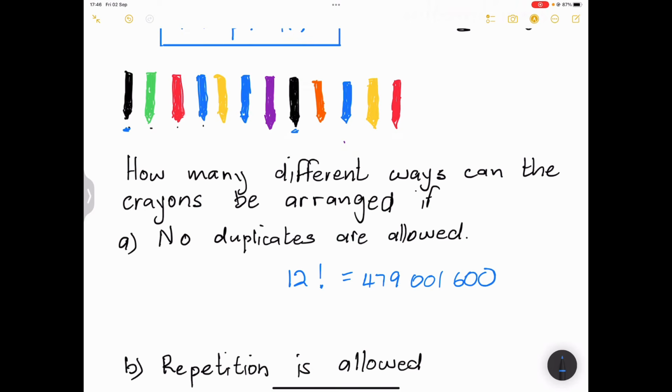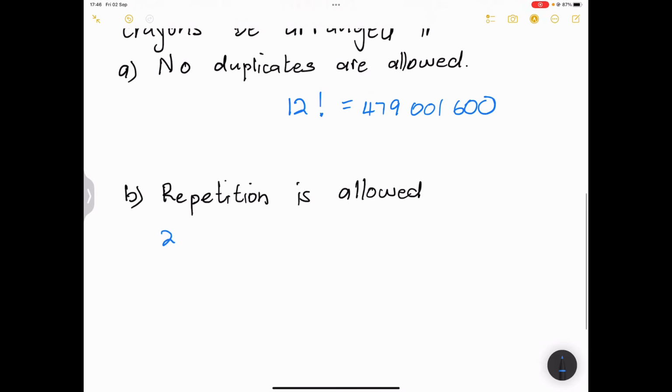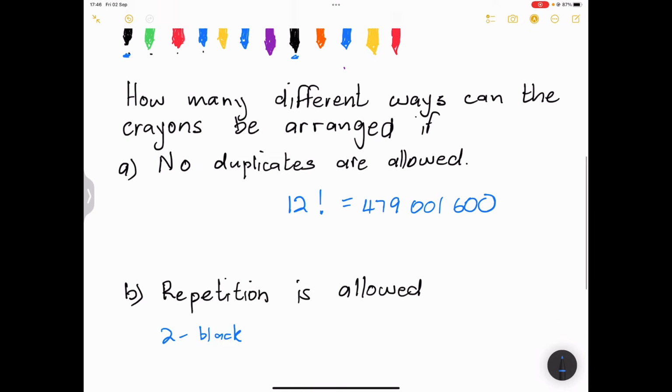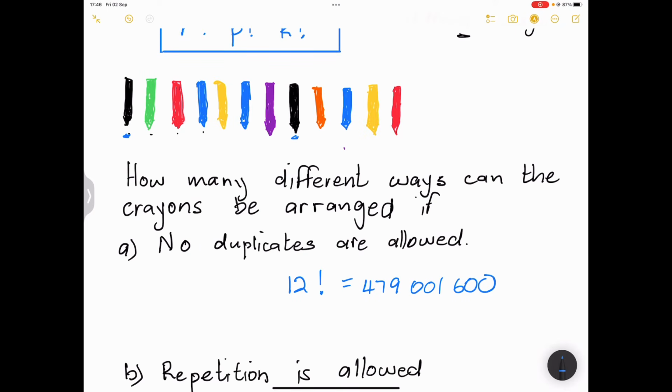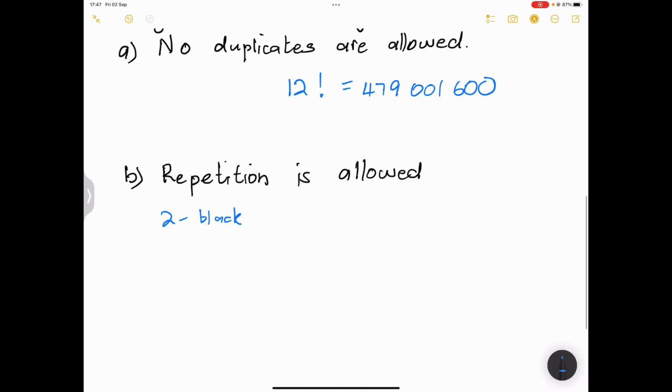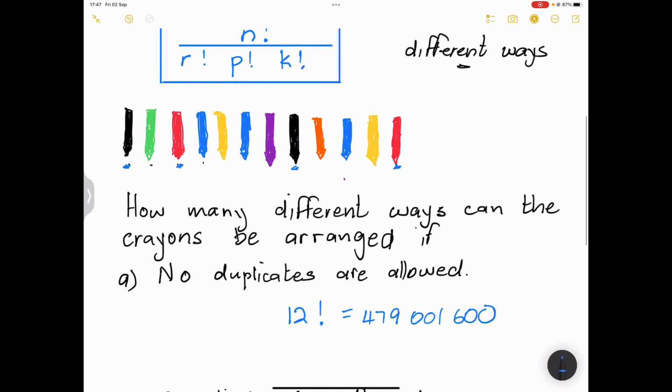So I've got two blacks. Then let's see another color, so green. We've got only one green. I've got two reds again, so I'm going to note that I've got 2 red. Which other one?